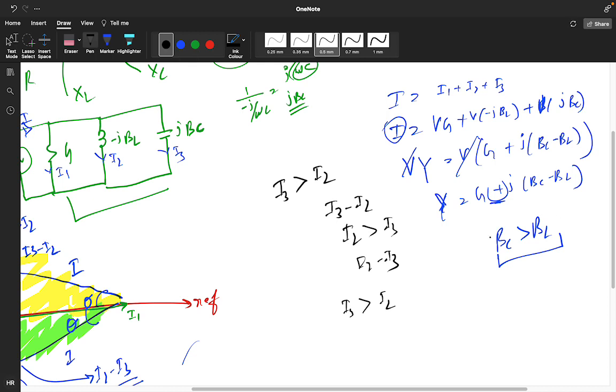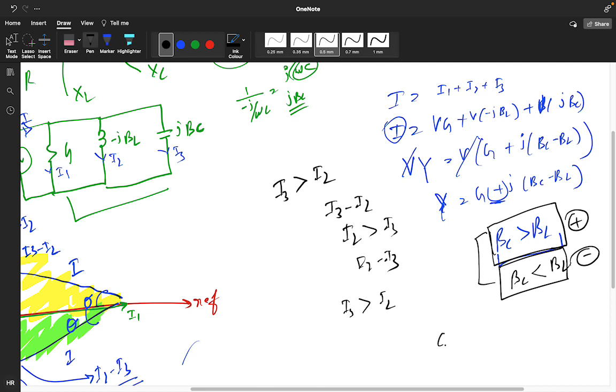So it depends upon that. Okay, so effective work is happening in a parallel RLC network. Okay guys, and cos theta will remain R upon Z, upon R, Z upon R, power factor.